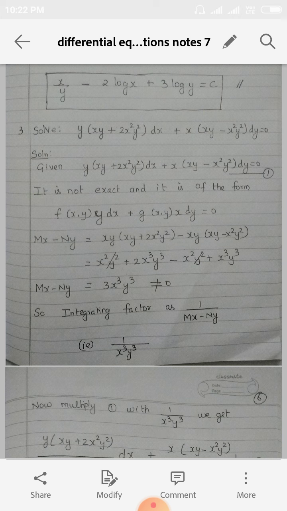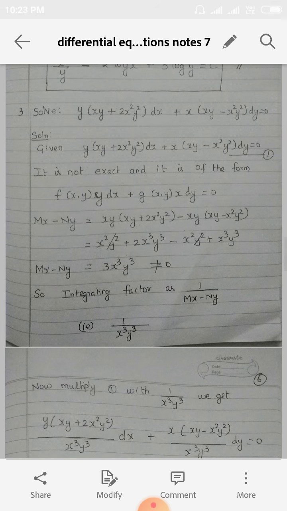So here, when it is homogeneous, the integrating factor is 1 by Mx plus Ny. But in the function form, the integrating factor is 1 by Mx minus Ny. So find Mx minus Ny, we get 3x cube y cube, which is not equal to 0. You have to consider only the variables. 3 is a constant, so just leave the constant and take only the variables.